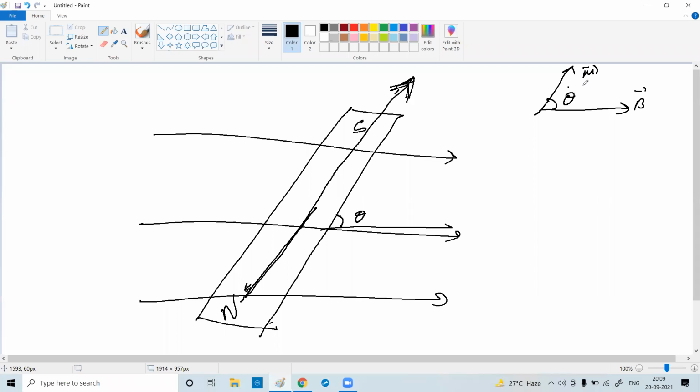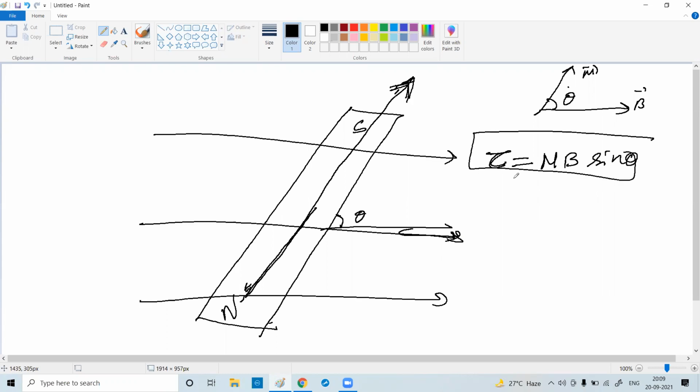We already found out yesterday that if a dipole is kept in a magnetic field, there will be a torque. That means it will get rotated. It will try to get aligned to the magnetic field. It's called torque external. That means this magnetic field will apply a torque on this magnet, which finally will get aligned like this. If you have it here, then the torque is maximum.